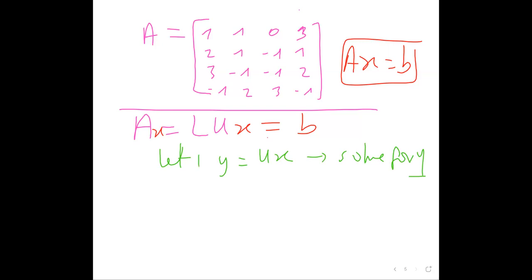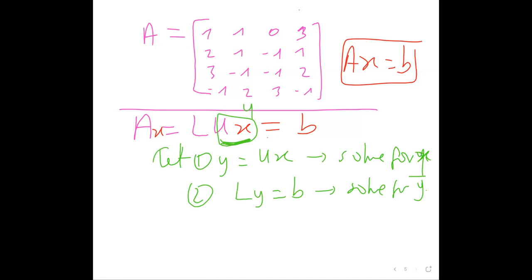Then the second part is, if you substitute this to be Y, to solve for LY is equal to B. Once you have this, you solve first, because here this is unknown, this is unknown.